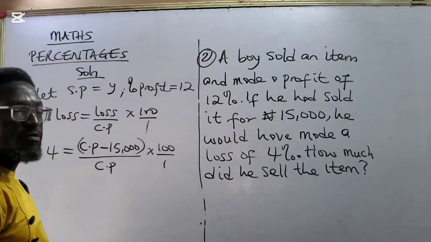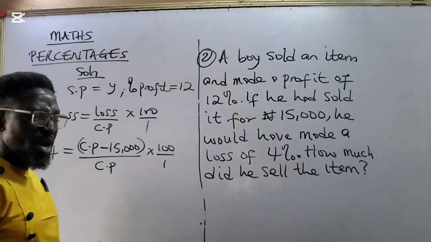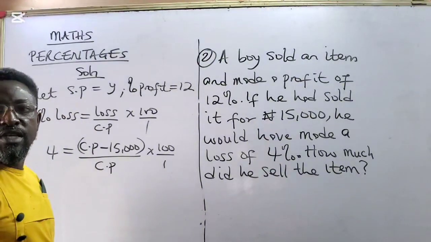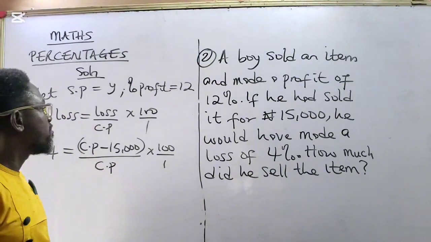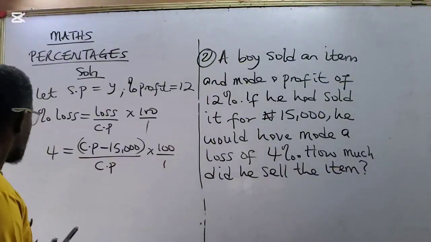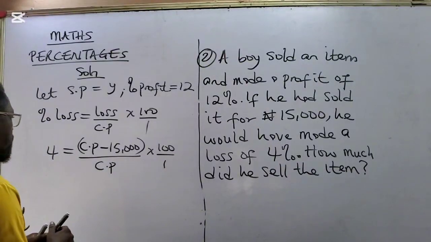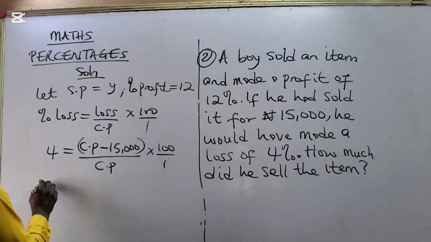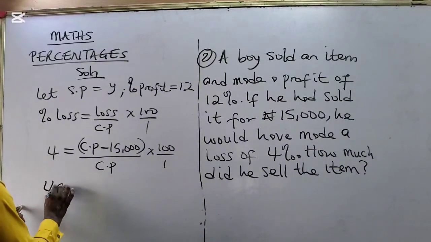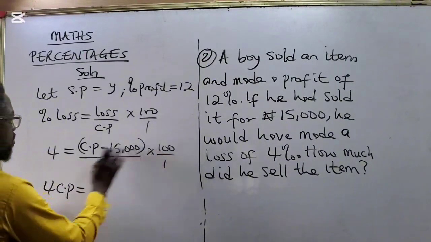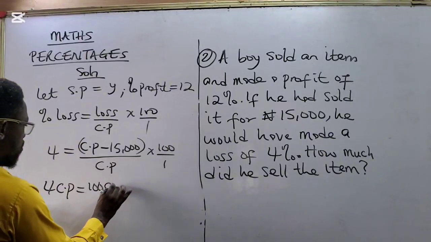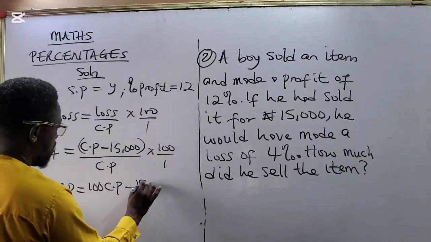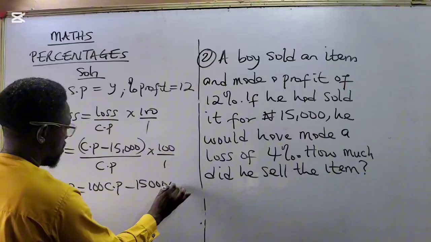If you have not watched that video, that is part 1 of percentages, profit and loss. So let's cross multiply. We have 4 multiplying CP, so we get 4 CP equals, we open a bracket, 100 CP minus 15,000, then double 0.